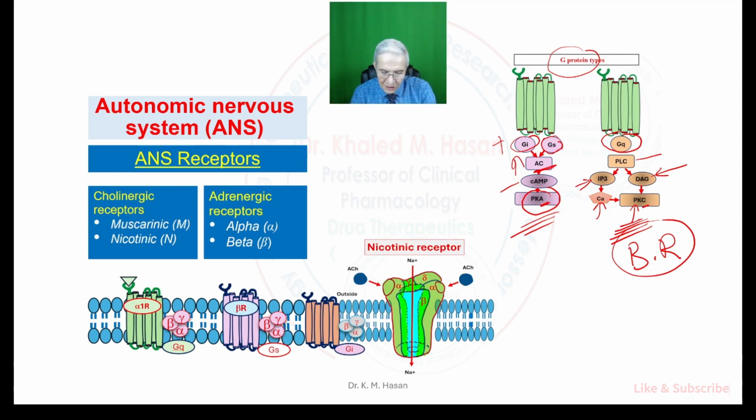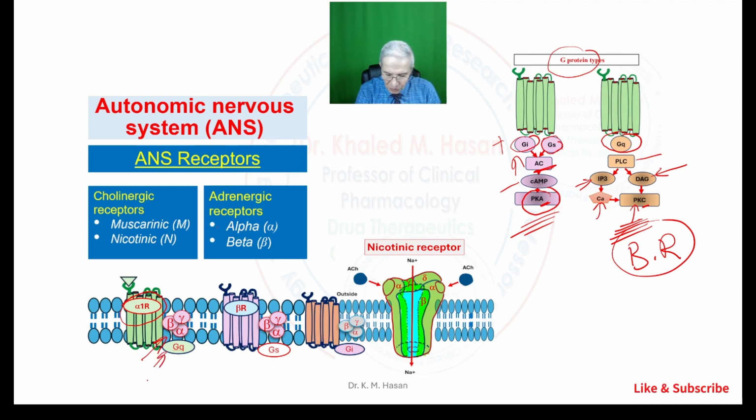Okay, regarding the receptors here, someone may ask, what type of receptor is an example here? We have the alpha 1A receptor. Alpha belongs to the adrenergic receptors, and this receptor binds to the G protein, Gq protein.